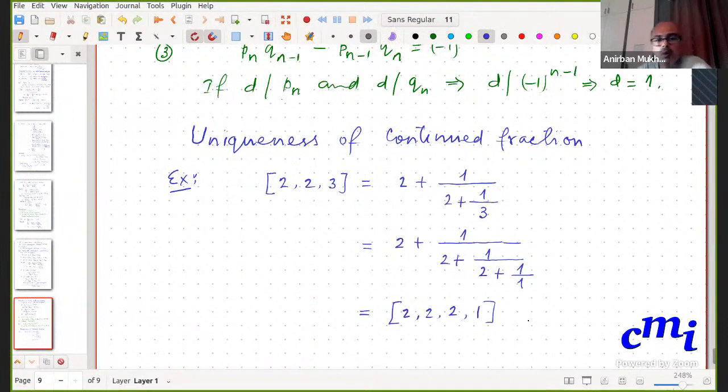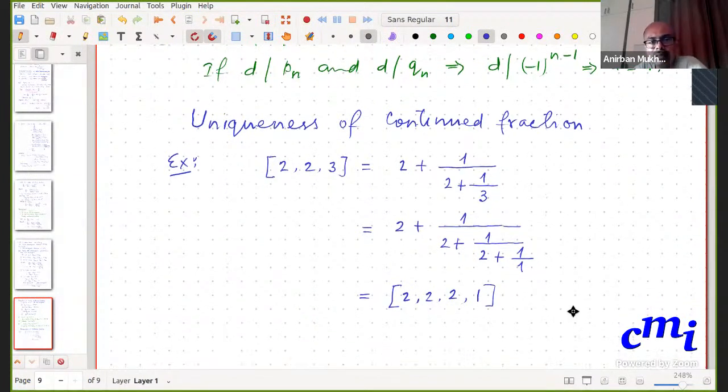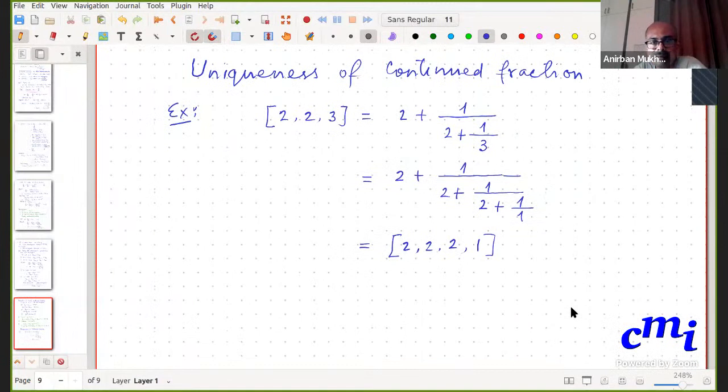And I can always do this. The first entries don't matter. Whatever the last entry is, if it is 2 or more, then I can just split it up.